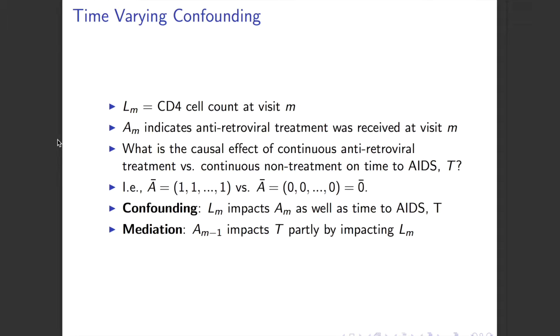Whereas if you had very high CD4 cell counts, the doctor might say you've had enough, we won't treat you. So we have some sort of confounding here because L is impacting your treatment and your outcome. But we also have mediation because your treatment at visit M-1 impacts T partly by impacting your CD4 cell counts.